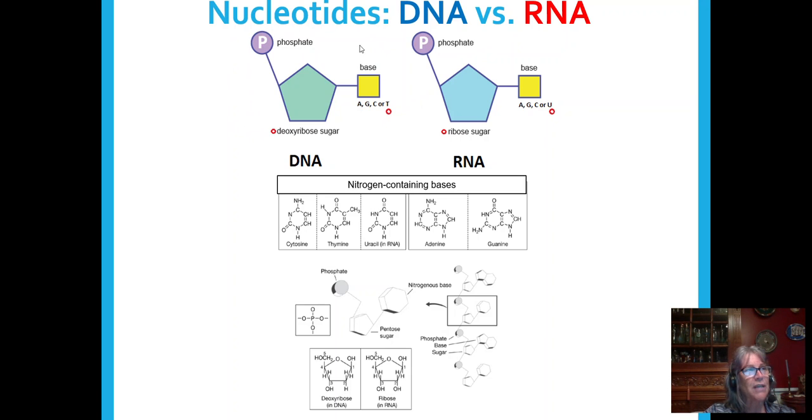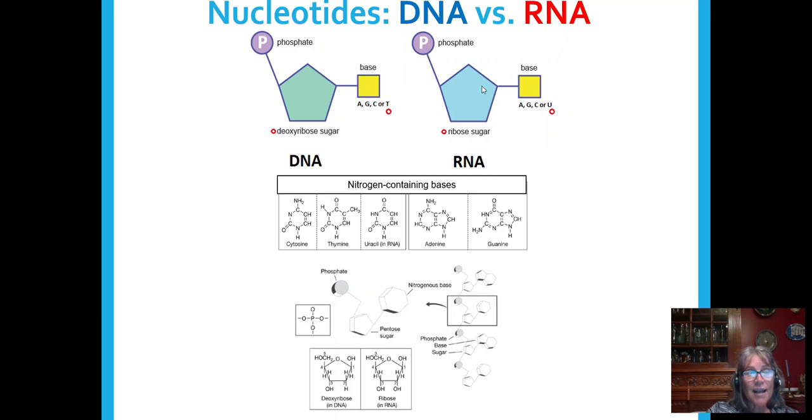It is this nucleotide made of a 5-carbon sugar, a phosphate, and a nitrogenous base. The difference is my sugar is different, deoxyribose versus ribose. My nitrogen-containing bases, those nitrogenous bases here, can be adenine, guanine, cytosine, or thymine in DNA.